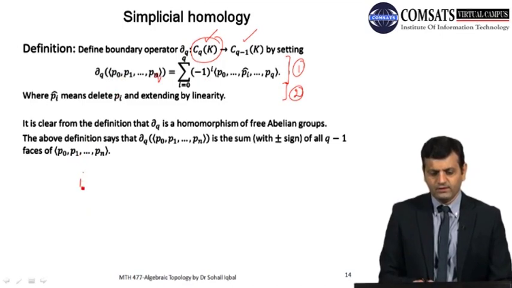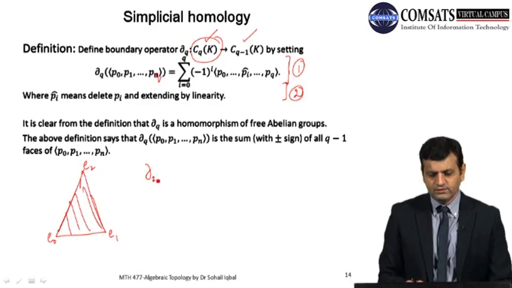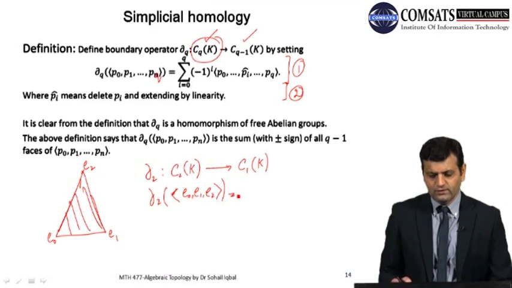For example, if we have a triangle, which is a 2 simplex with vertices E0, E1, E2, then it must be an element of C_2(K). We define the image of [E0, E1, E2] in the following way.